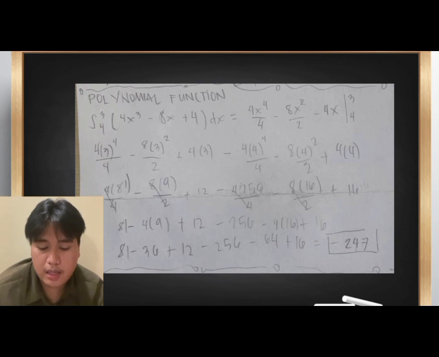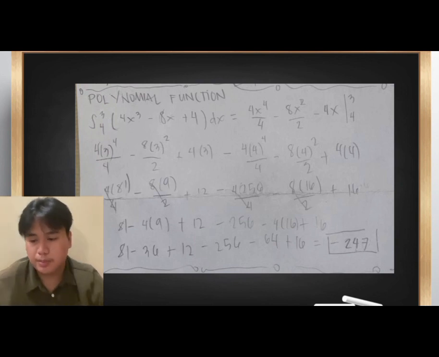So the antiderivative of this polynomial function is 4x raised to 4 over 4 minus 8x raised to 2 over 2 plus 4x. Then we can now substitute our limits, which are 3 and 4.